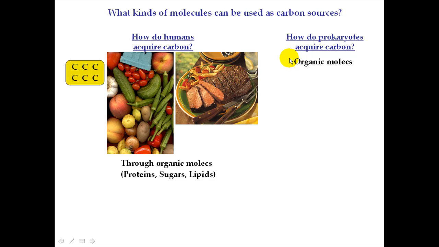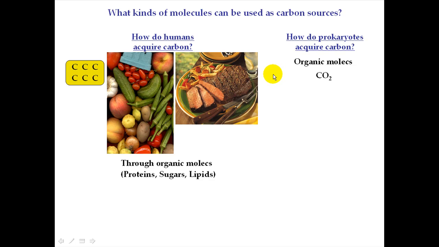But there are some prokaryotes that can do something that we can't. They can obtain their carbon by just sitting there and absorbing the CO2 in the atmosphere. CO2 has carbon in it, and so these prokaryotes can use the carbon in CO2 to build all the structures inside of the cell.